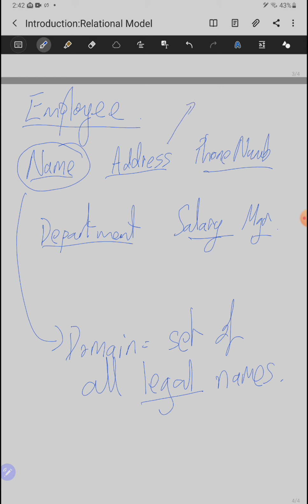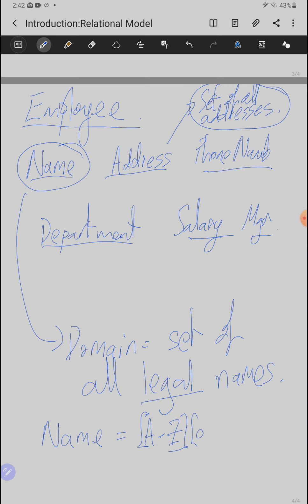An address, the set of all addresses possible for your employees. Okay, that's what that is. So, for example, a name is typically, if we're using standard notation, an alphabetic letter. Typically, it's A to Z, followed by A to Z, and I'm going to say one or more times.